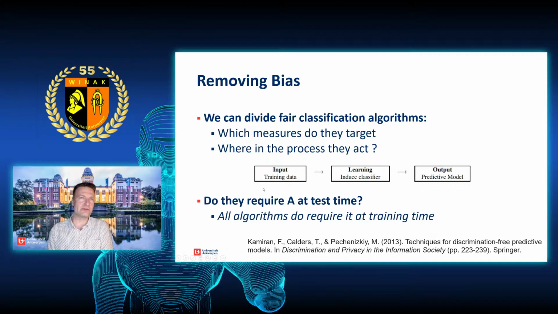That depends on where in the process they act. Do I want to clean it away from the input data, adapt the learning procedure, and so not learn the line that best predicts but also has a trade-off on fairness, or do I first learn the model and then correct the model?